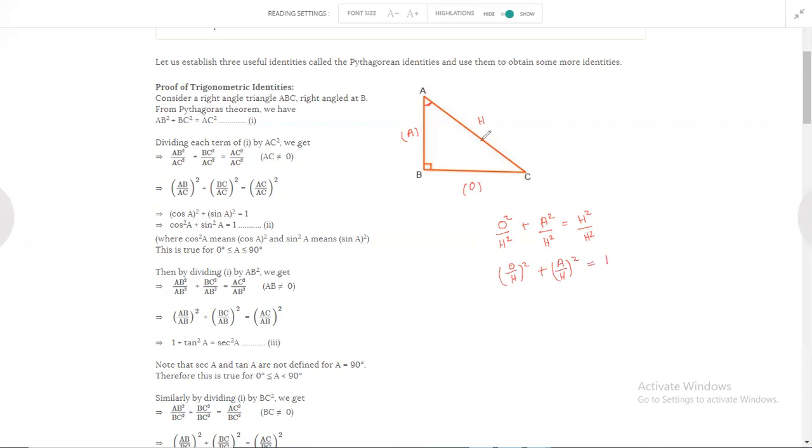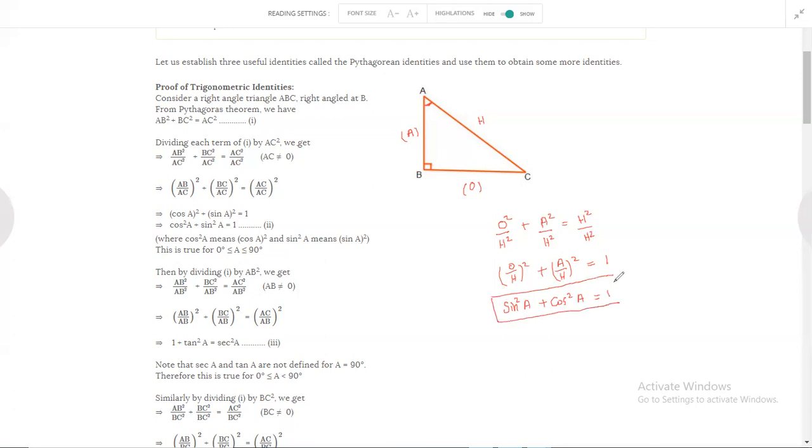Opposite side divided by hypotenuse is sine, sine of the angle A, so sine square A, plus adjacent side divided by hypotenuse, that is cos A, so cos square A, is equal to 1. This is the first identity.